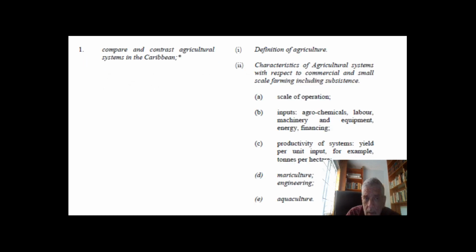So for this one, this is the part of the syllabus we're going to be looking at. I'm going to compare and contrast agricultural systems in the Caribbean. And we're going to look at the definition of agriculture and characteristics of agricultural systems with respect to commercial and small-scale farming, including subsistence.